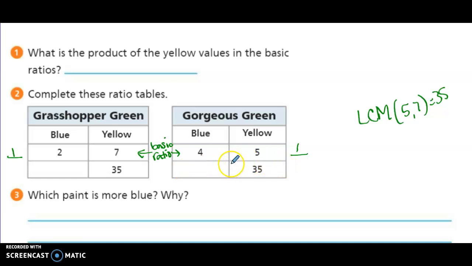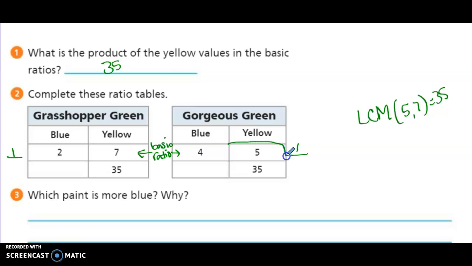And then the next step is to figure out the product of the yellow values in the basic ratios. That's 35. And you won't always have to multiply them together to get this number. There might be smaller multiples, that way you're not working with such large numbers. But then to find this missing one, does this look like anything?